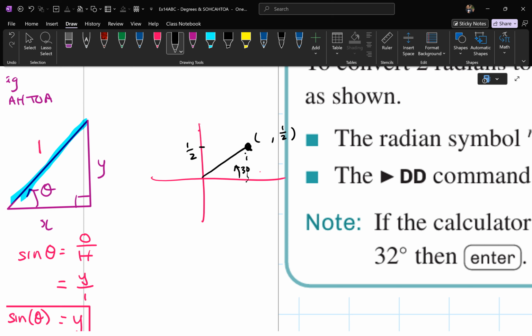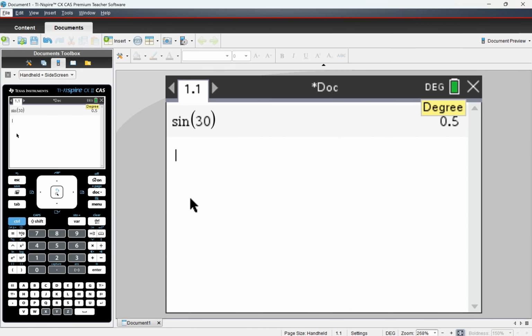Okay? And we know that in a unit circle, the max height is 1, because it goes radius 1, radius 1, radius 1, radius 1, radius 1. So the max height you can get is 1. This is why every sine value that you did can only be between -1 and 1. That's why in Year 9, if you did the enrichment questions, they might have asked you something like this.